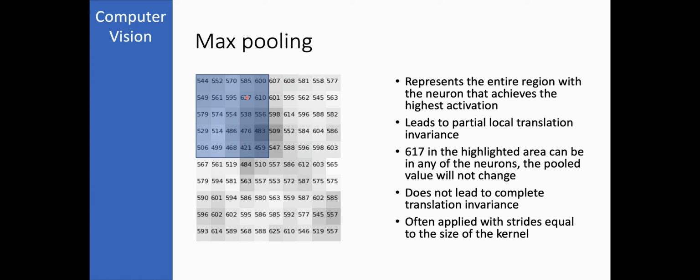So it's kind of invariant to where the 617 is in this patch. The pooling will not change even if its location changes. It doesn't lead to complete translation invariance as you can imagine, but to some partial translation invariance that ends up being extremely useful. Now, this is often applied with strides equal to the size of the kernel. So you wouldn't do pooling here and shift this patch just by 1 pixel, but you would shift it by, in this case, 3 pixels.